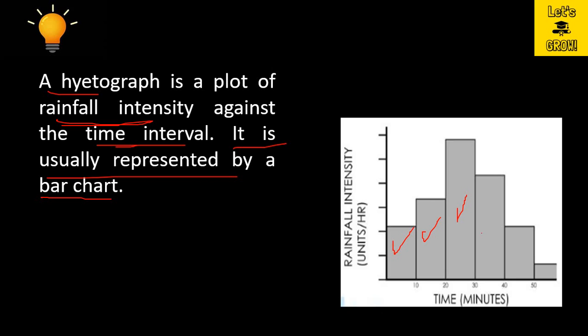It is the graph plotted between time and rainfall intensity, which is in centimeter per hour, mm per hour, or inches per hour, and it is generally represented by a bar chart.